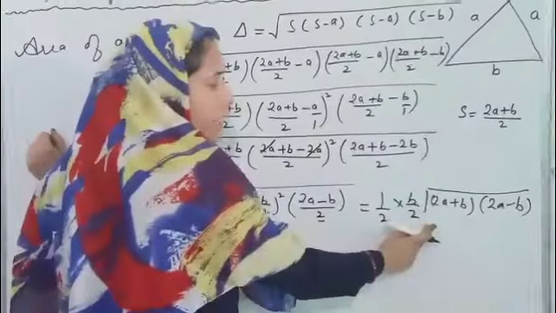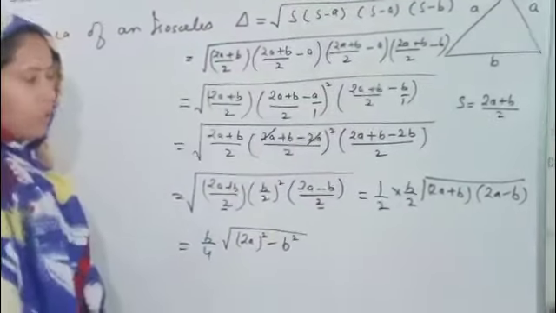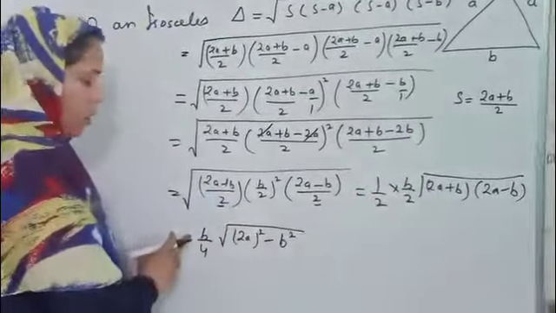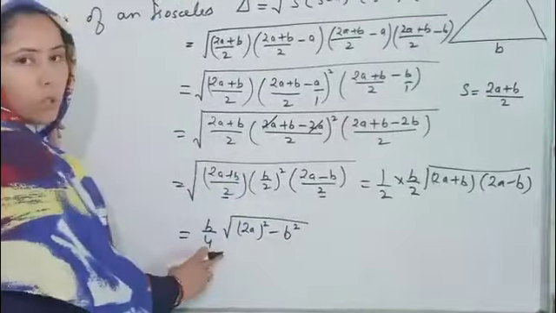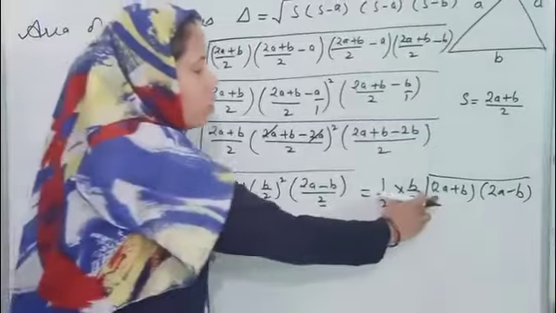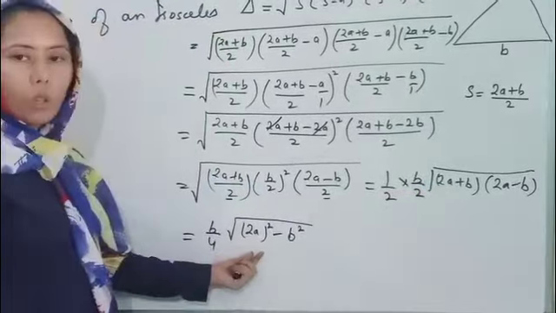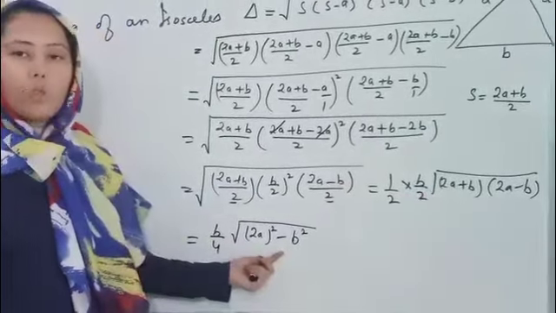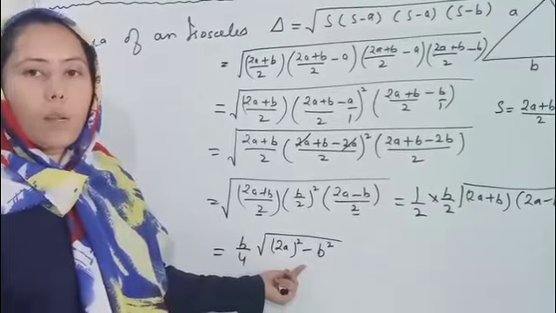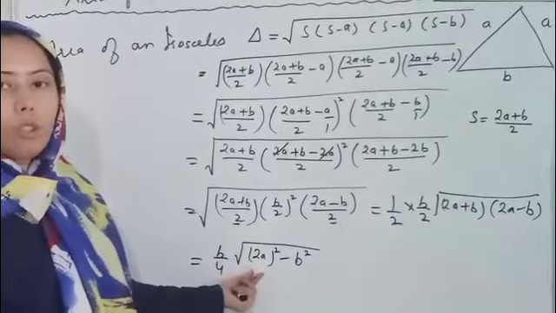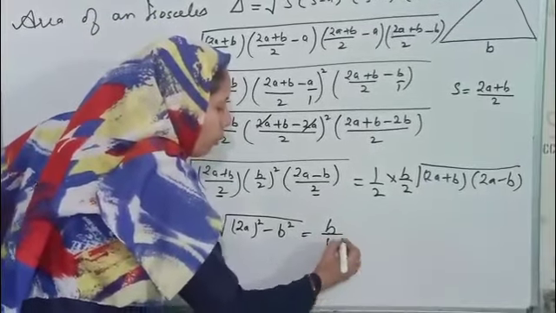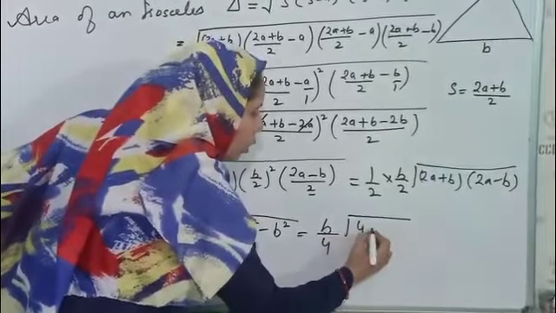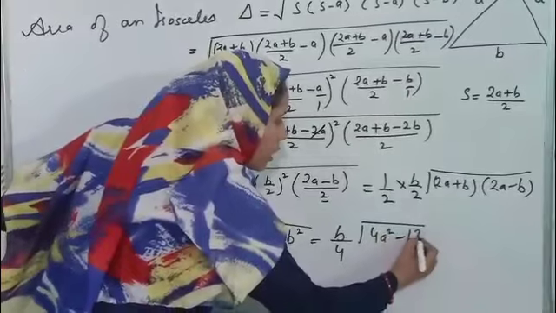Plus b, a minus b is a square minus b square. b 1s are b, 2 into 2 is 4, square root, 2a whole square minus b square. So it will become 2a whole square minus b square. This will be equal to b upon 4 under root 4a square minus b square.